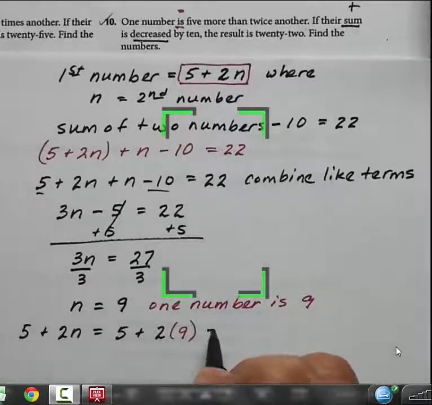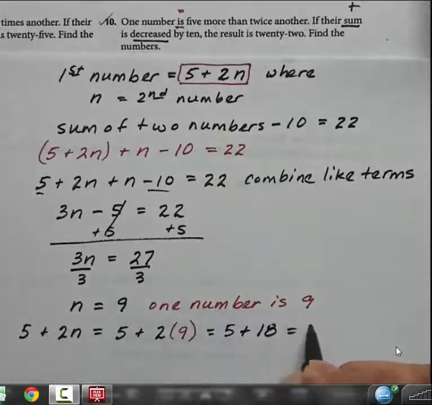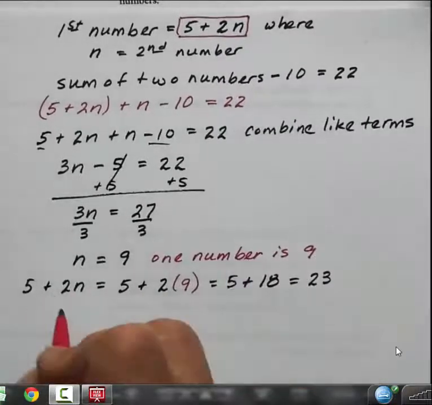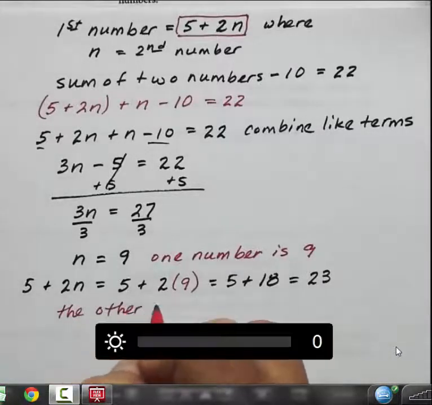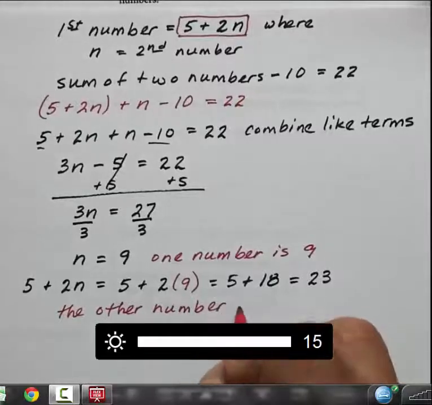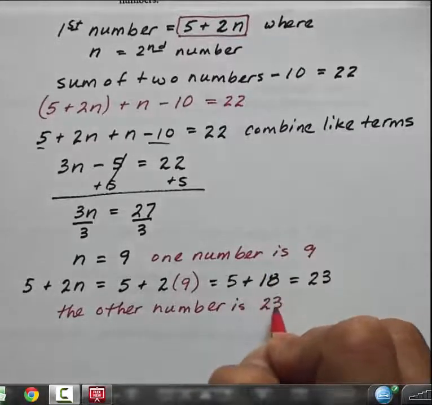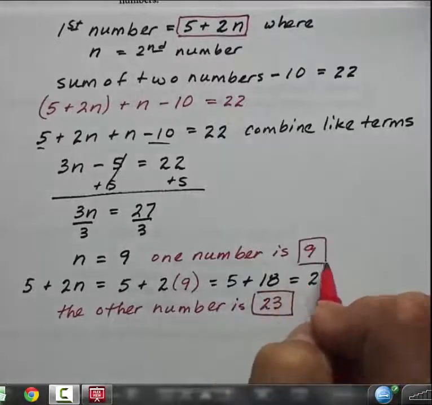That's going to be equal to 5 plus 2 times 9 is 18, which equals 23. So I have one number is 9, the other number is 23. So my two numbers then are 9 and 23.